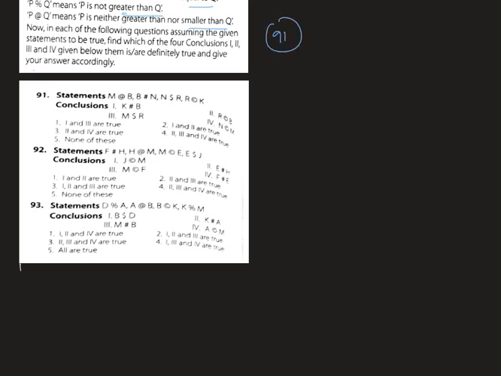So let's start with the first one. Statements.